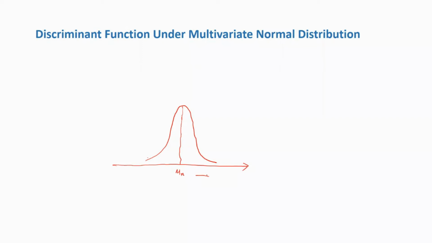Here you'll have x, and on the y-axis you'll have the probability of x.